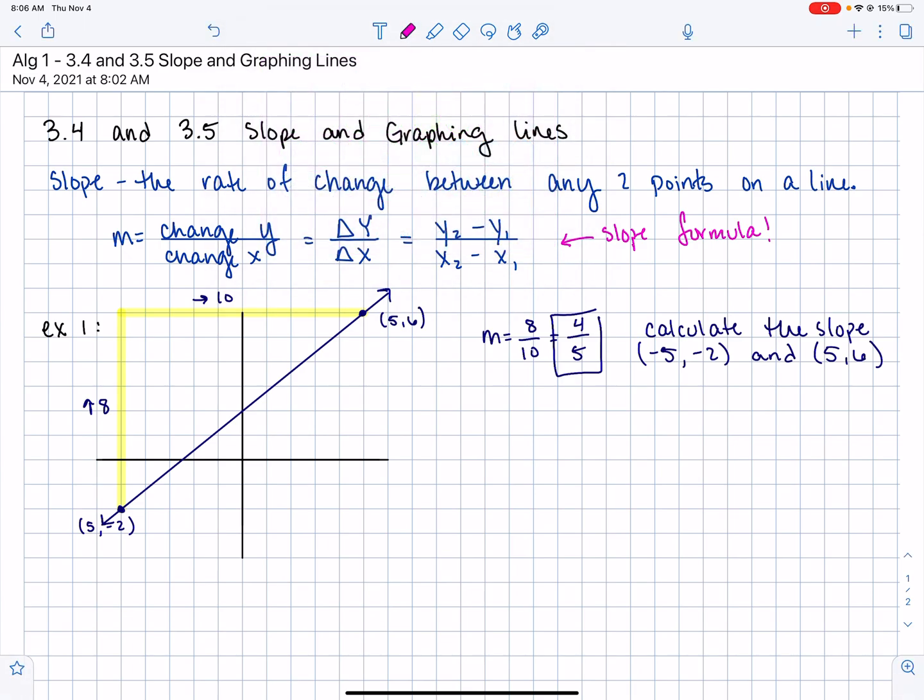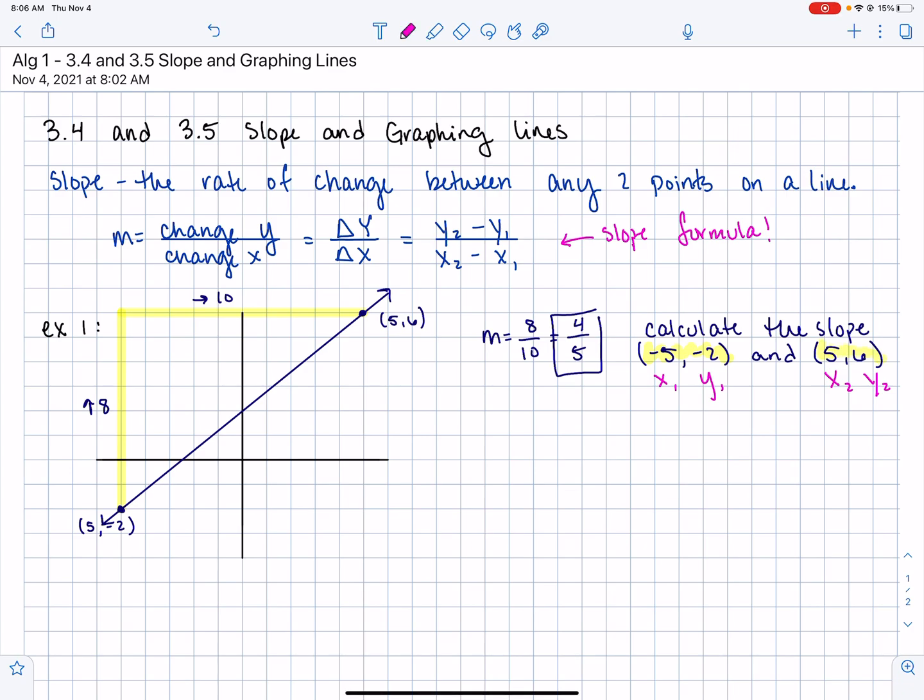And we'd take these 2 points. So I'm going to start with the point -5, -2. It doesn't really matter which one you start with. You just have to define one as x1, y1, and our other point is going to be x2, y2. It doesn't matter which one you start with because you just have to find the difference between them.